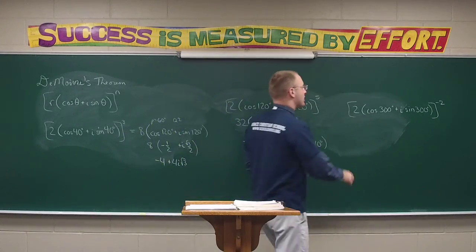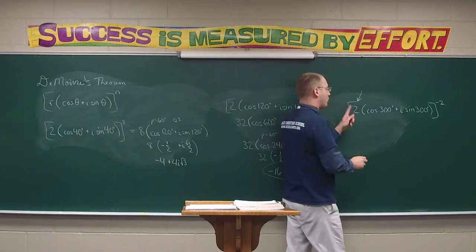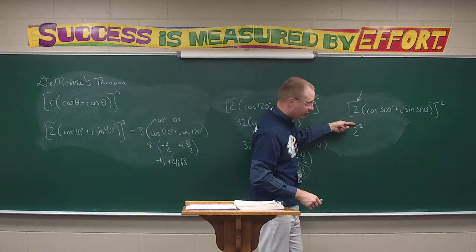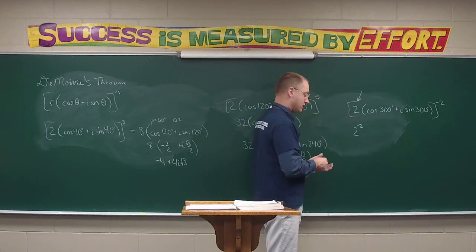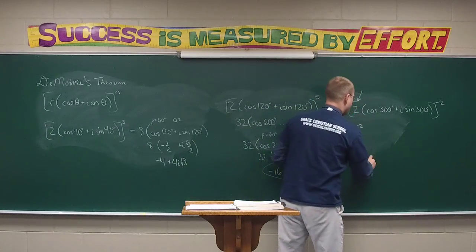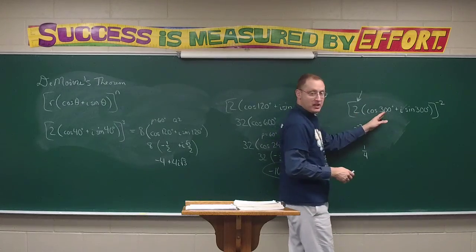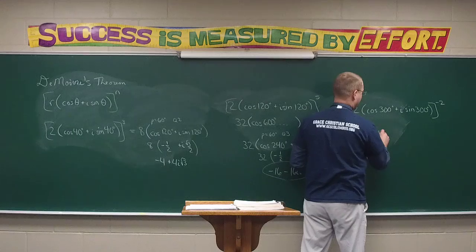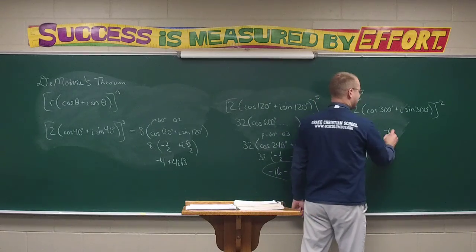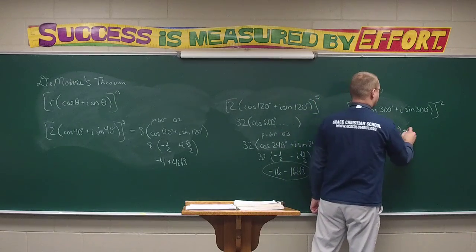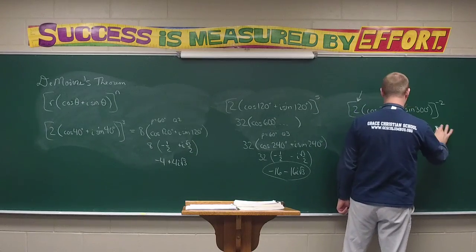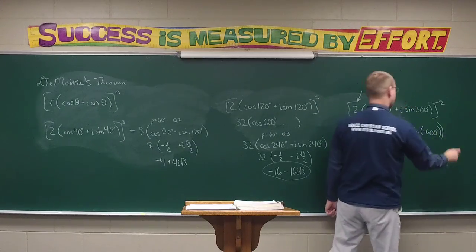It's really only this 2. So it's really only the 2 to the negative second, where I have to think reciprocal of 2 squared to get 1/4. With the theta value, with the angle, I actually have to multiply by the negative 2. And so that's going to give me the cosine of negative 600 degrees plus i times the sine of negative 600 degrees. There we go.